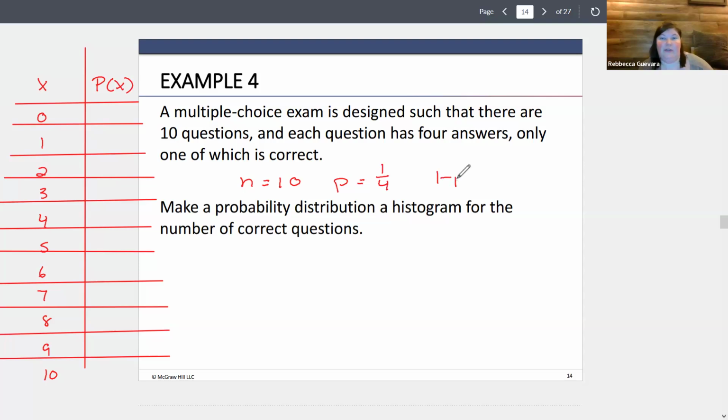The probability of a fail is 3/4. So what we're looking at is the probability of any X is going to be 10 choose X times 1/4 to the power of X, and then we're going to have 3/4 to the power of 15 minus X.